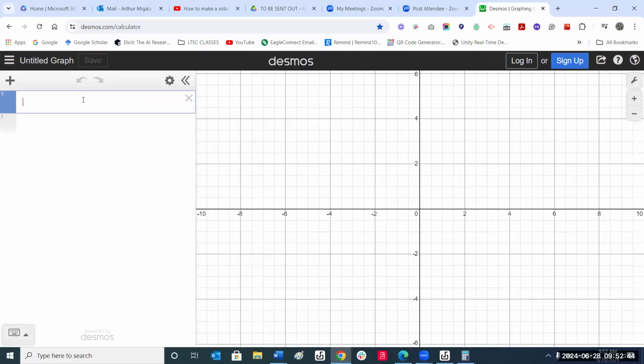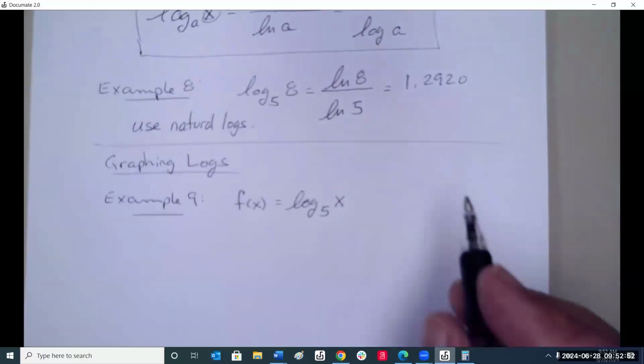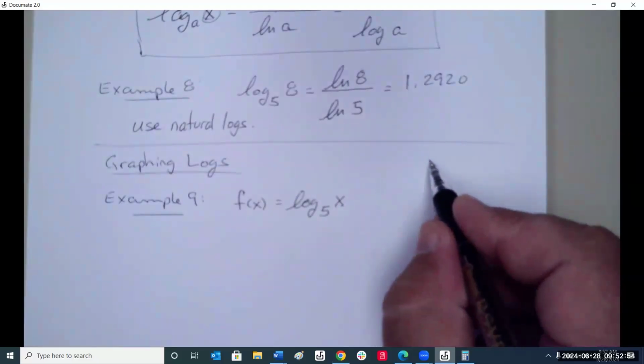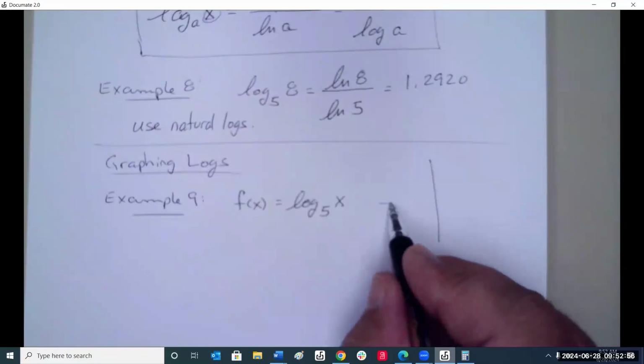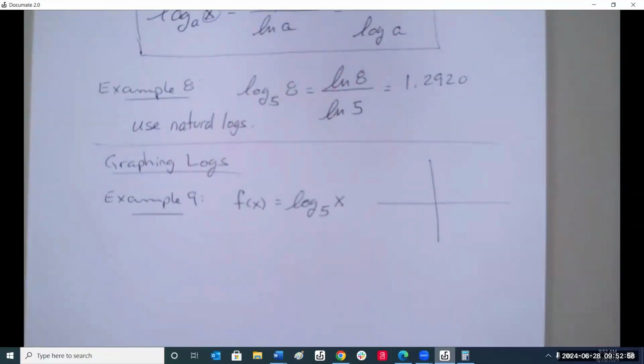So what do you think it's going to look like? Okay, yeah, because exponentials and logarithmic are both positive increasing functions. Where is the intercept?